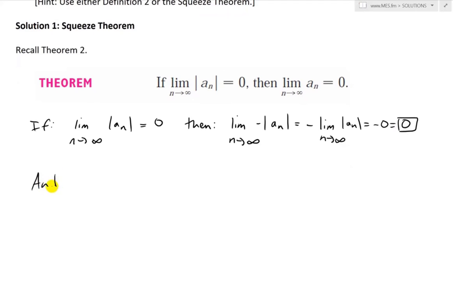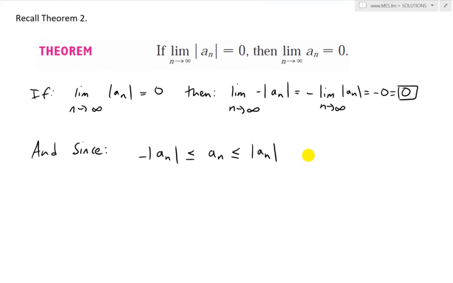And now, since negative absolute value of a_n is less than or equal to a_n, which is less than or equal to the absolute value of a_n, because the absolute value is always positive and the negative one is always negative, a_n gets squeezed inside.